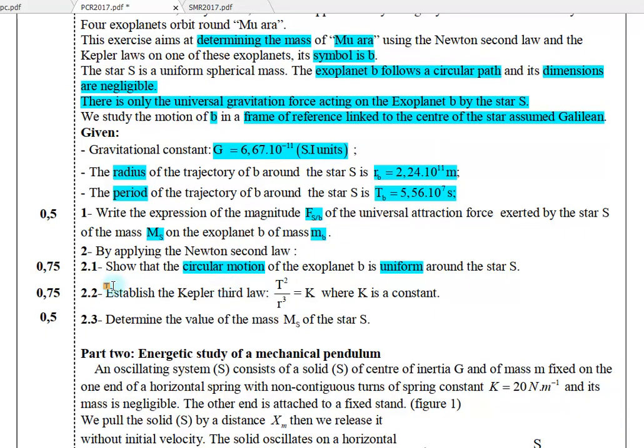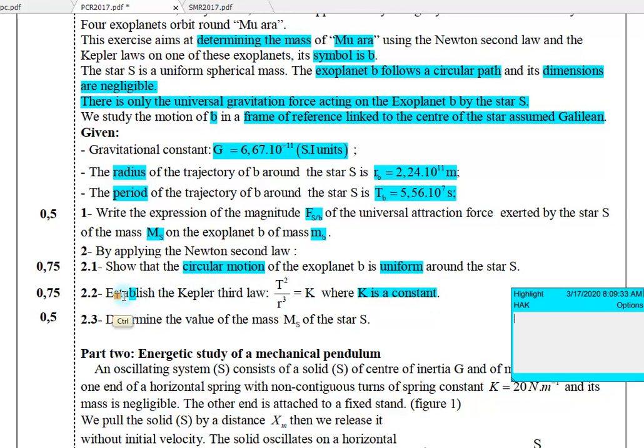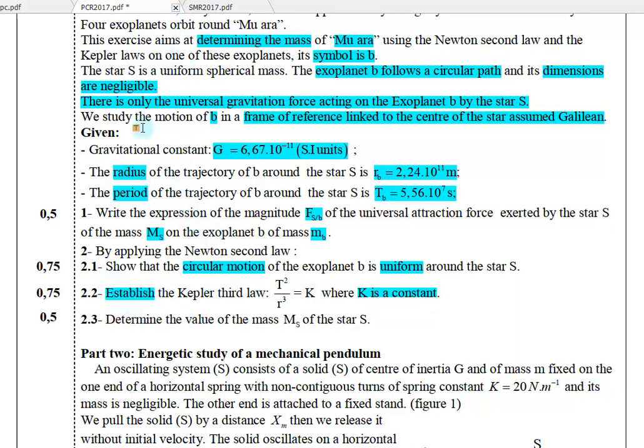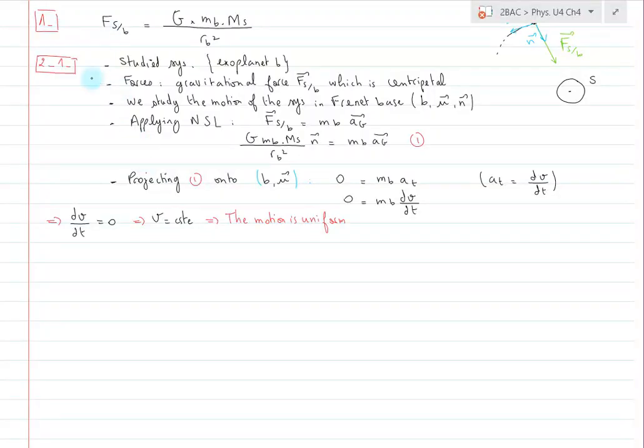Now, question 2.2. Establish the Kepler third law, T squared over r cubed is equal to k, where k is a constant. So we must prove it. To prove the third law, we need to project this equation onto the other axis.